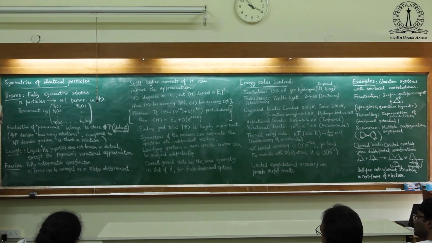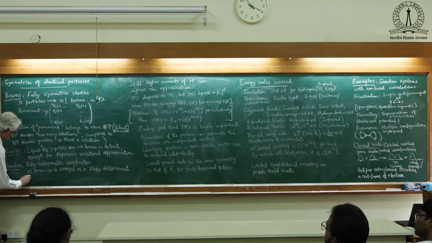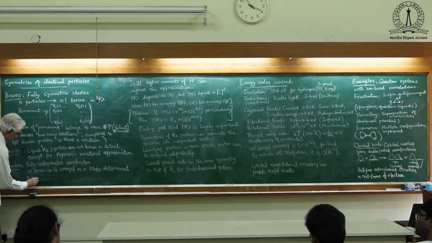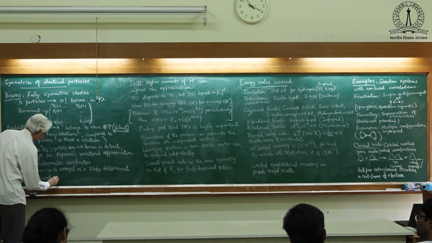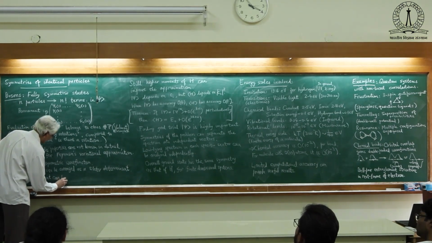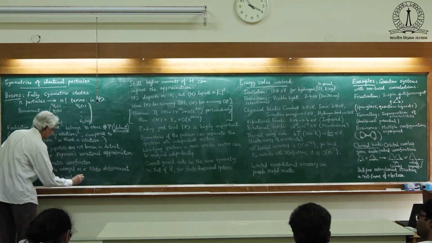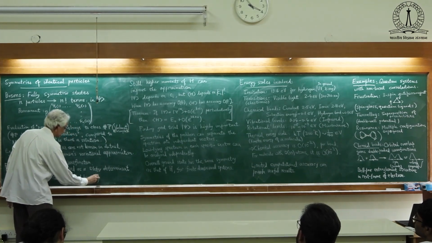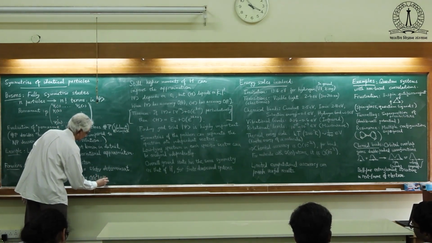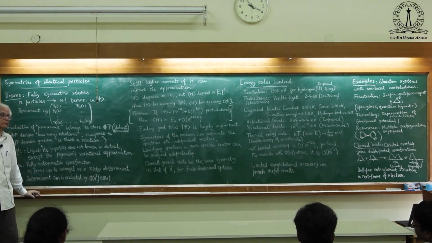Now, an interesting difference between a permanent and a determinant is that a determinant can be evaluated by an effort which is only order n cubed.